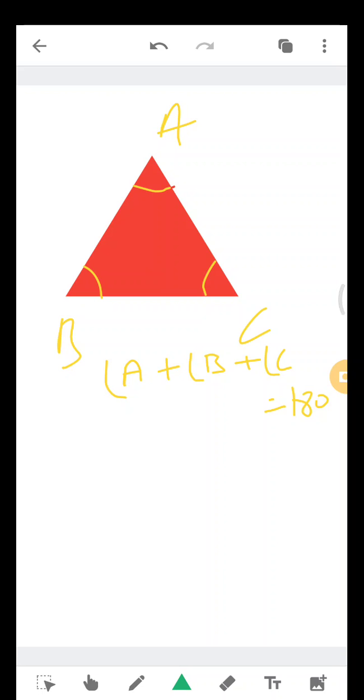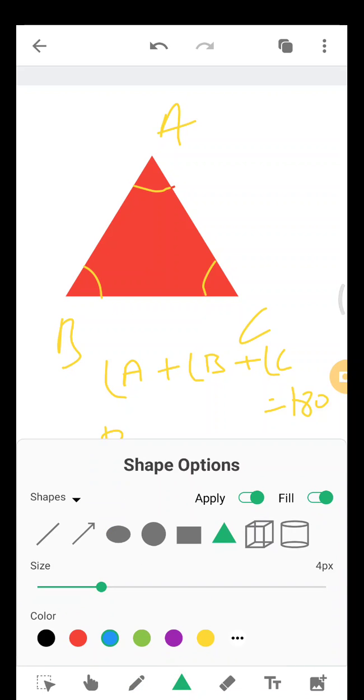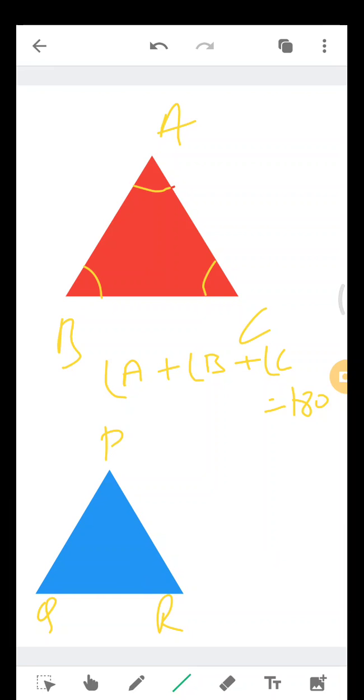Hope you remember that. If you have a triangle, say PQR, and if I extend any one side of this triangle, then exterior angle is formed here. If I say the exterior angle is X, this exterior angle will be equal to sum of interior opposite angles.